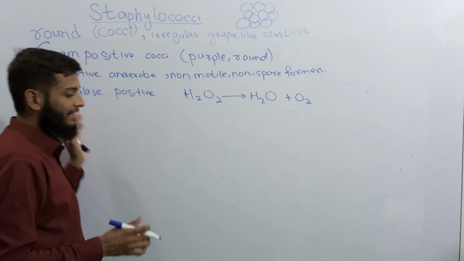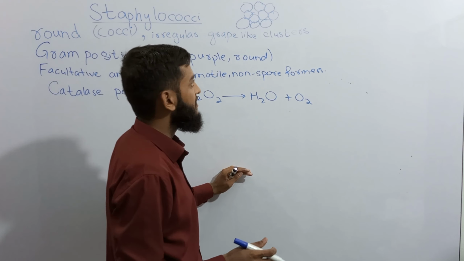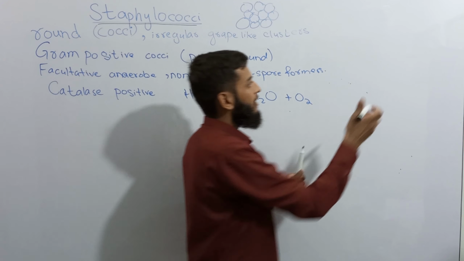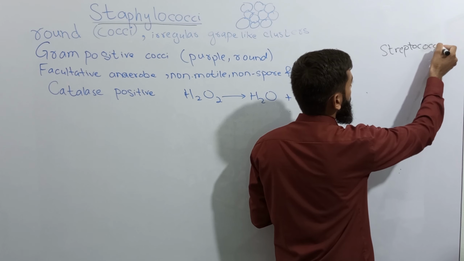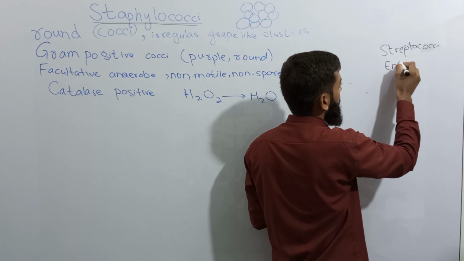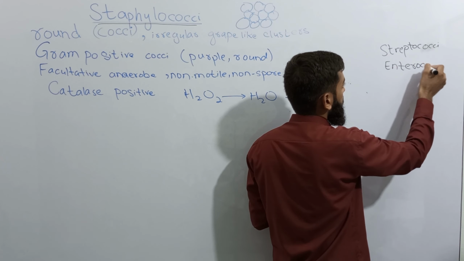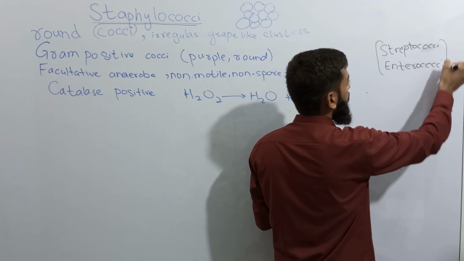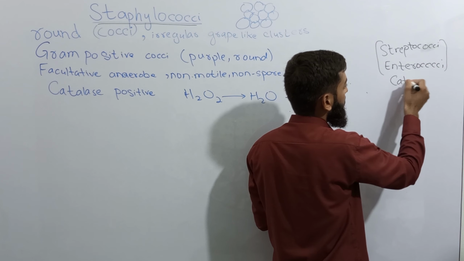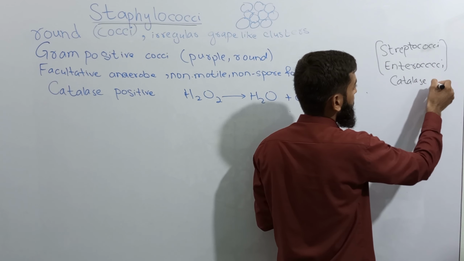Just remember that catalase is an enzyme that differentiates staphylococci from streptococci and enterococci. Both of these are gram-positive bacteria, but they do not contain this enzyme. They are catalase negative.